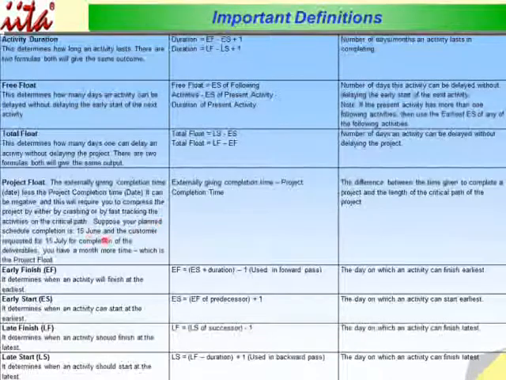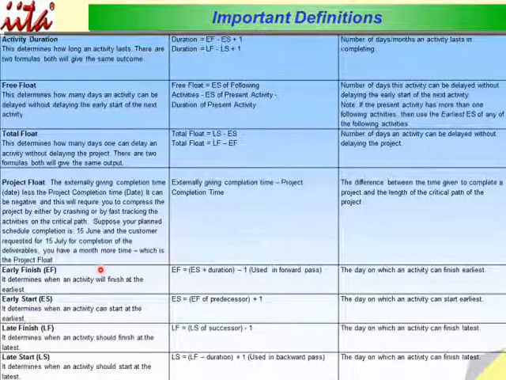Suppose your planned scheduled completion is on the 15th of June and the customer has requested 15 July for completion of the deliverables. You have a month more time, which is the project float. The formula is externally given completion time less the project completion time. So the definition: the project float is the difference between the time given to complete a project and the length of the critical part of the project.